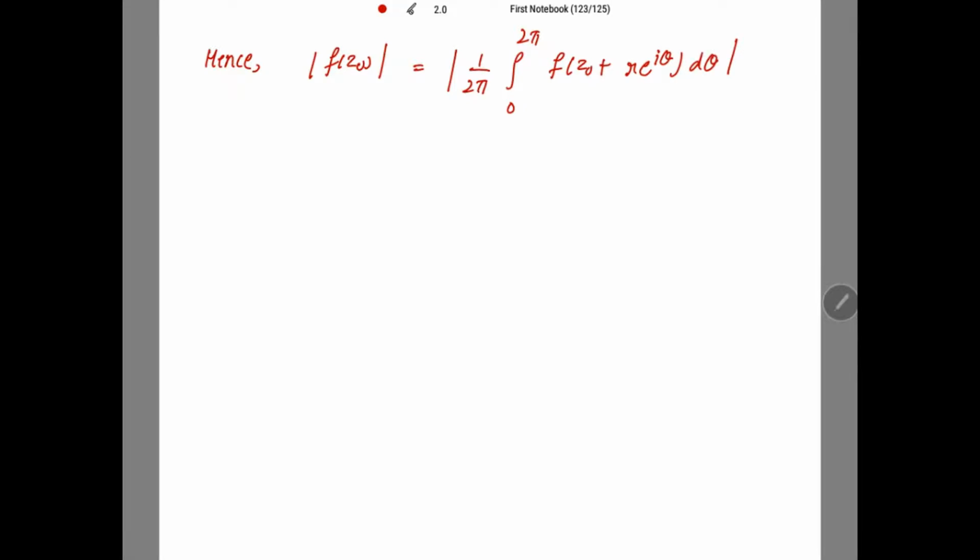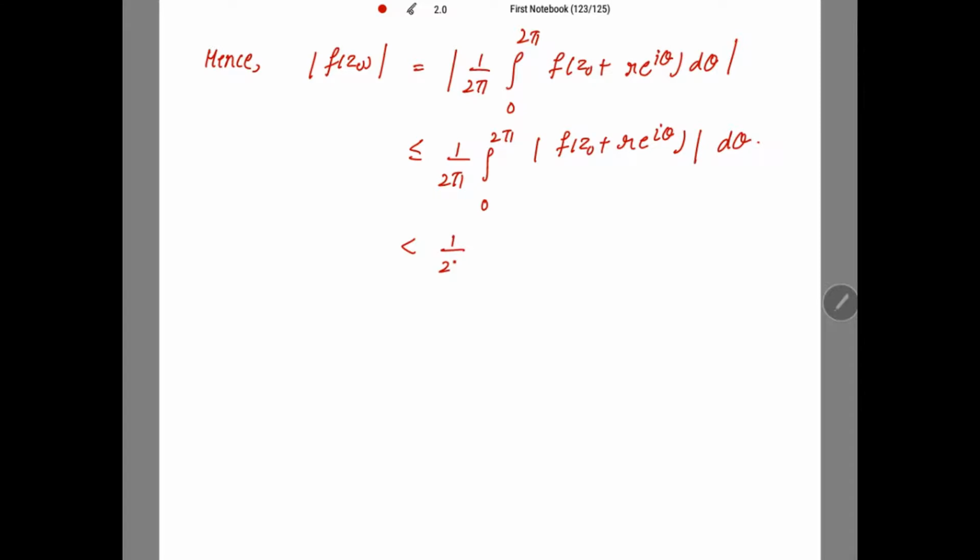Now this mod will be less than or equal to 1 over 2 pi integral 0 to 2 pi of mod of f of z0 plus r e to the power iota theta d theta, which is strictly less than, because this mod is strictly less than mod f of z0.